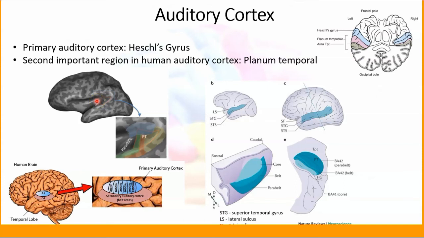The primary auditory cortex is topographically organized, or organized in a frequency manner. The auditory cortex consists of several other brain regions such as the planum temporale, a triangular area located on the superior temporal gyrus or STG. This auditory cortex serves as a hub to process neural impulses and interacts dynamically with other ascending and descending pathways in the auditory system.